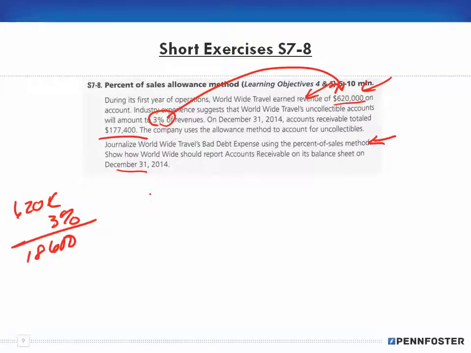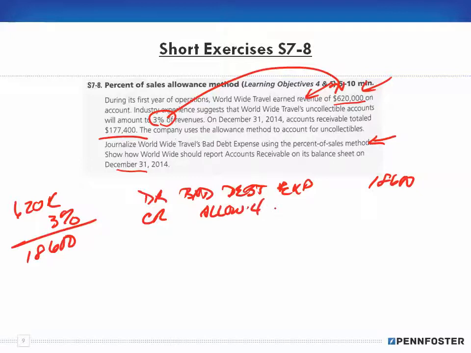So my journal entry is going to be a debit to bad debt expense for the 18,600, and I'm going to credit my allowance for uncollectible accounts or allowance for doubtful accounts in the amount of 18,600. And the description would be, to record the estimate of uncollectible accounts for the year. Right, so that's the journal entry.